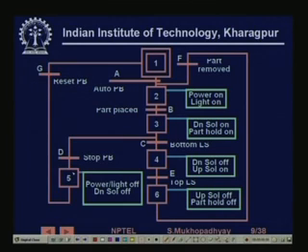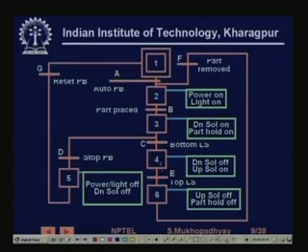A state machine is like a graph which consists of a set of states, these squares are the states, and a set of transitions. For example, this is a transition, this is not a good color, go back to white. So, this is a transition and this is a state.